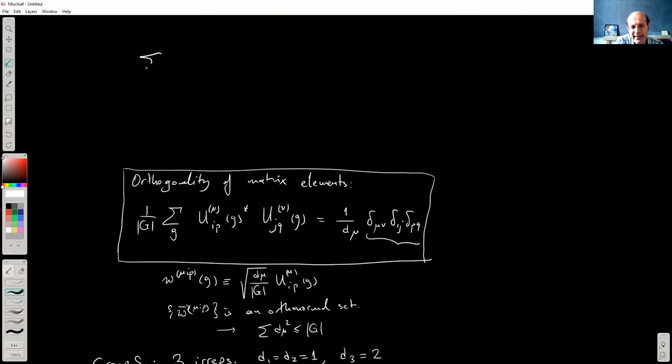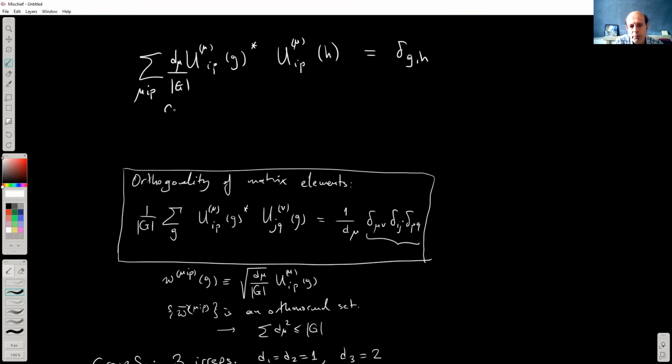I first write down this matrix element, take the complex conjugate, and write the same matrix element for another group element, multiply with d mu, divide by the order, and sum over all mu, i and p. The result should be equal to delta GH. That's called the completeness.